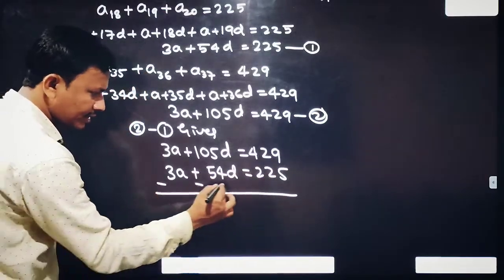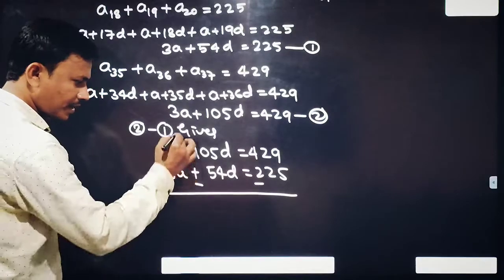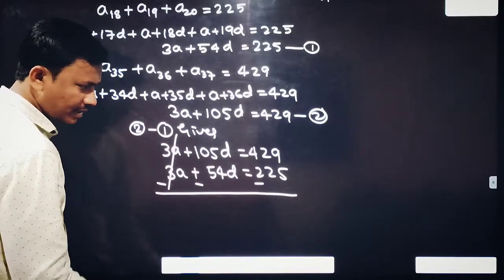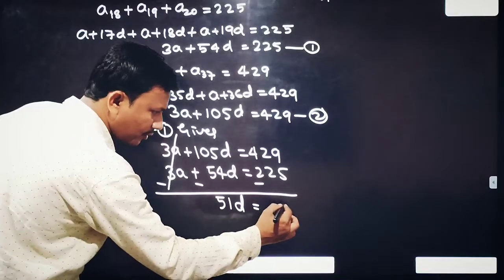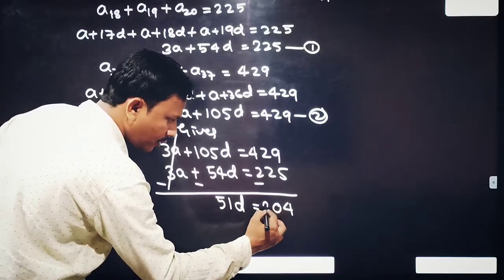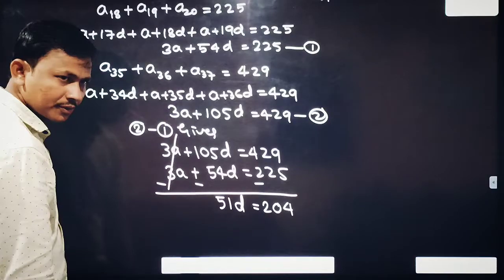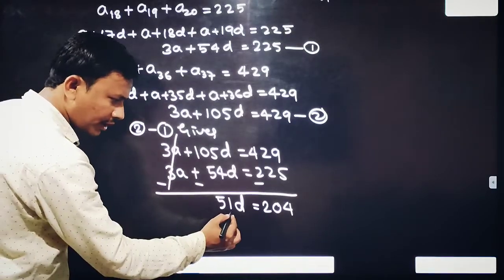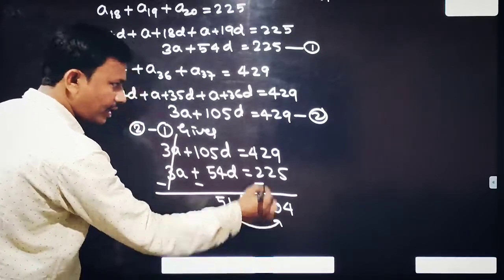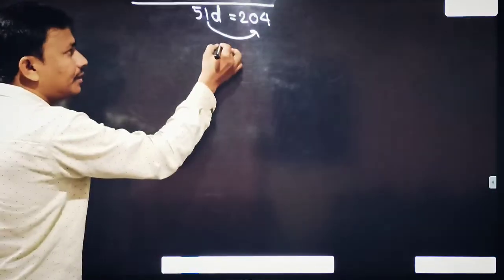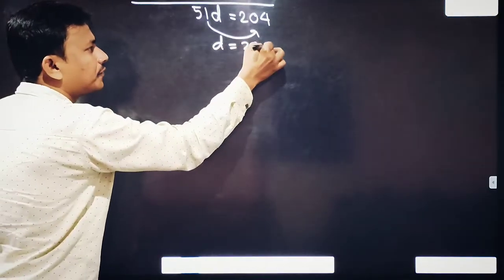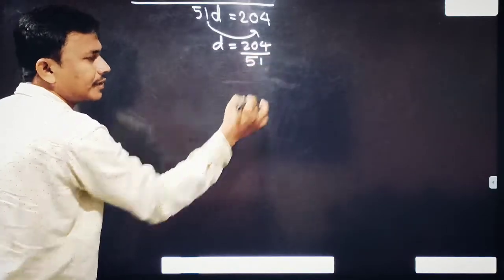Change the signs. Plus 3A minus 3A cancel. Then 51D is equal to 204. Divided by 51, then D is equal to 204 divided by 51.